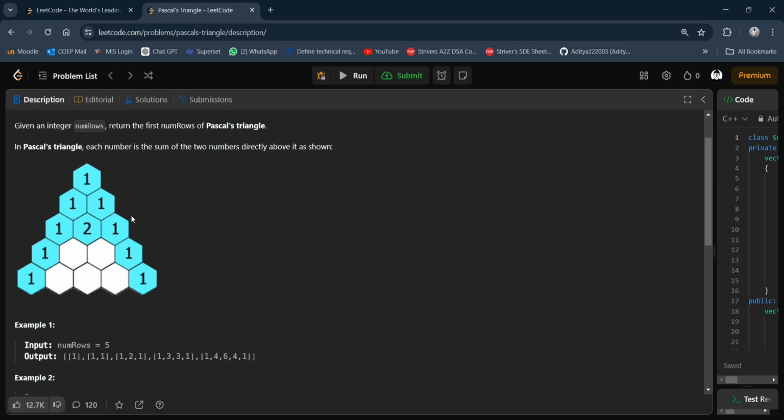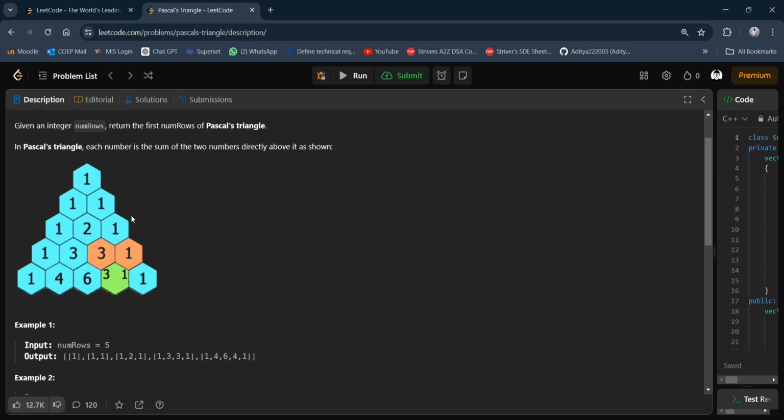Pascal's triangle has one speciality: the start and end index always consist of 1, and the elements inside are the addition of two elements from the prior row. If you are at the second row, then the element would be the addition of index 0 and index 1 of the prior row, that is the first row.